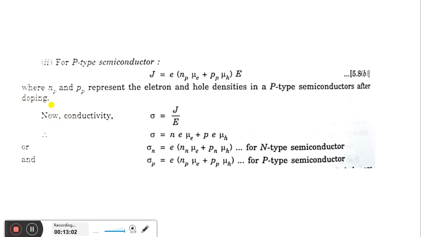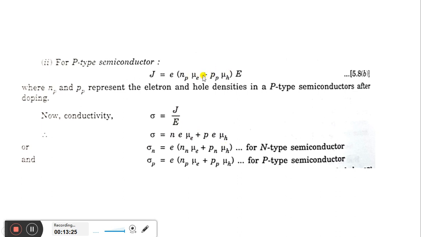Now we can write the conductivity sigma equals J by E. So we can write the conductivity, a general expression, that is Ne mu e plus Pe mu h.